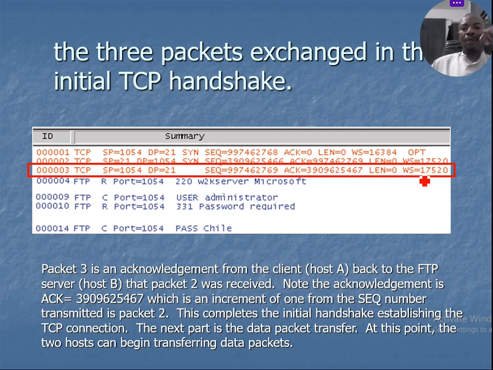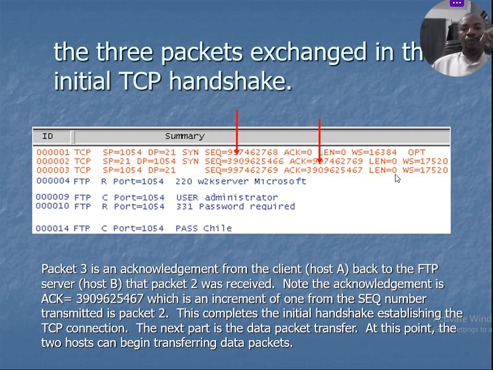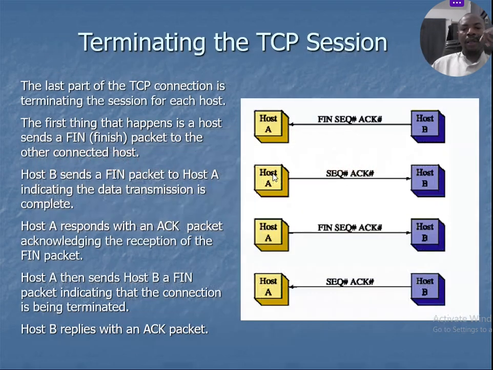This time it has a window size, and even packet 2 has a window size. The length is 0, showing that there's no data in the packet. To get the acknowledgement, you add 1 to the previous sequence. I've explained that. Now let's move on quickly.